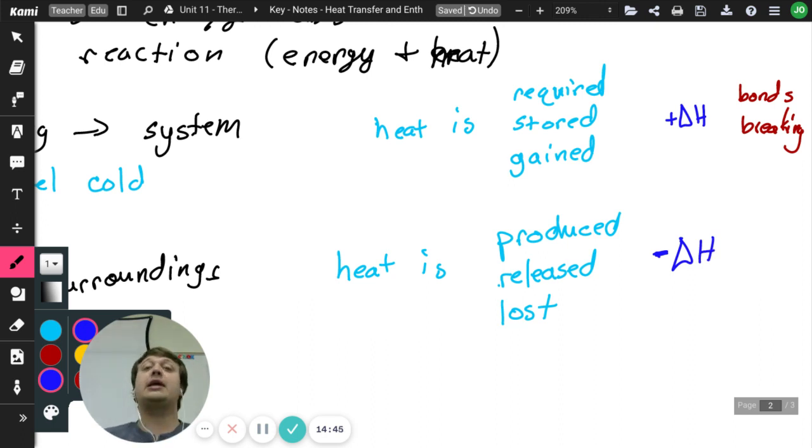Why? Because that heat is being lost. It's being released. When we see bonds form, it's because that is going to be a more stable way of holding everything together. The only reason bonds form is because it is a more energy efficient way for those elements to actually be combined. And so with an exothermic reaction, we see bonds forming.